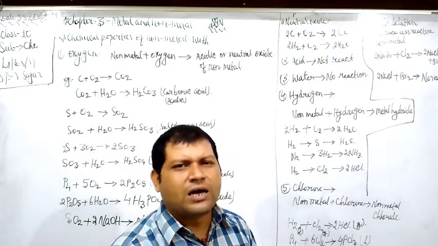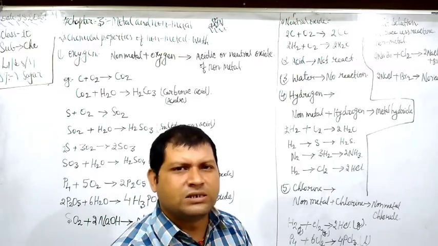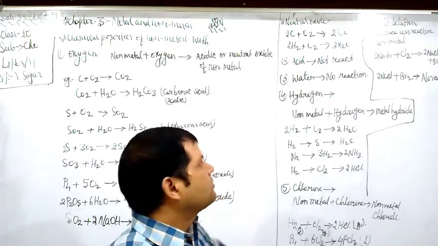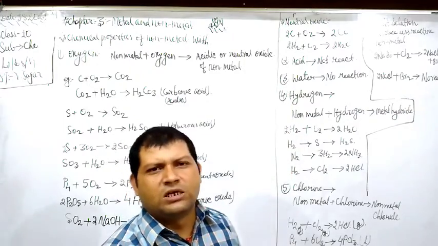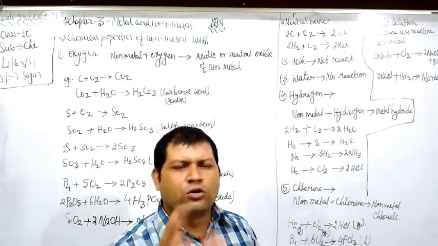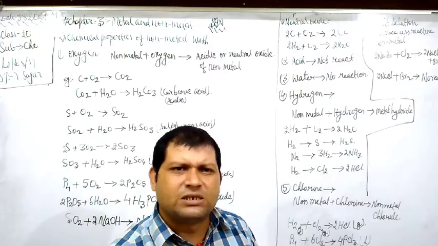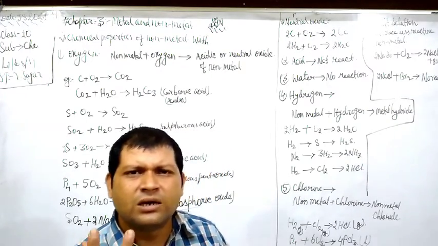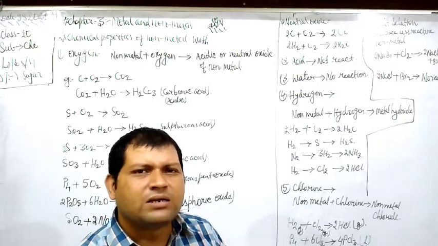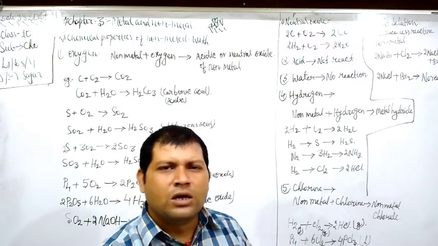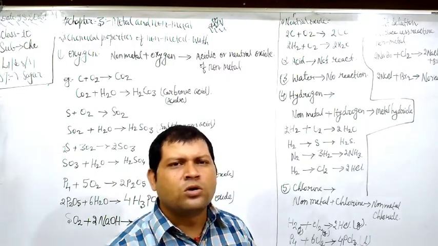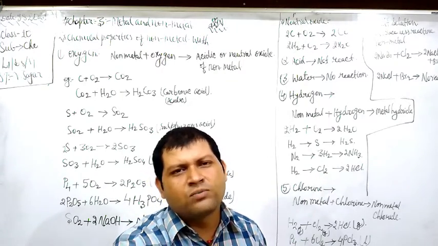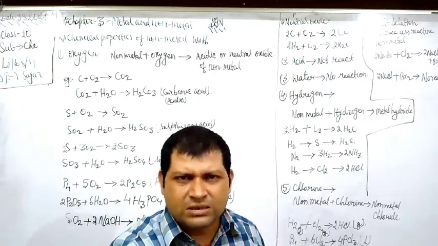Now look at the reactions of nonmetals with acids. Actually there is no reaction of nonmetals with acids, because evolution of hydrogen gas doesn't take place. Hydrogen needs electrons, but nonmetals cannot release electrons. So when there is a lack of electrons, how can the formation of hydrogen gas take place?